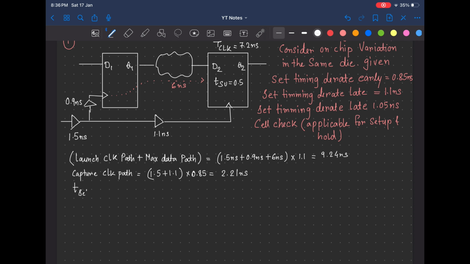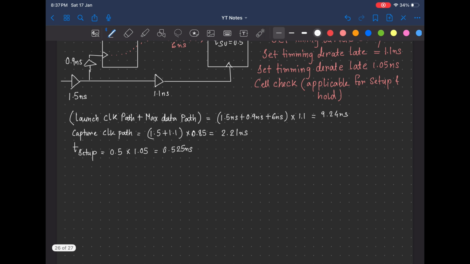T setup is already mentioned as 0.5, but it is also mentioned that the setup timing late derate is 1.05, which we have to multiply. So 0.5 multiplied by 1.05 comes to 0.525 nanosecond.